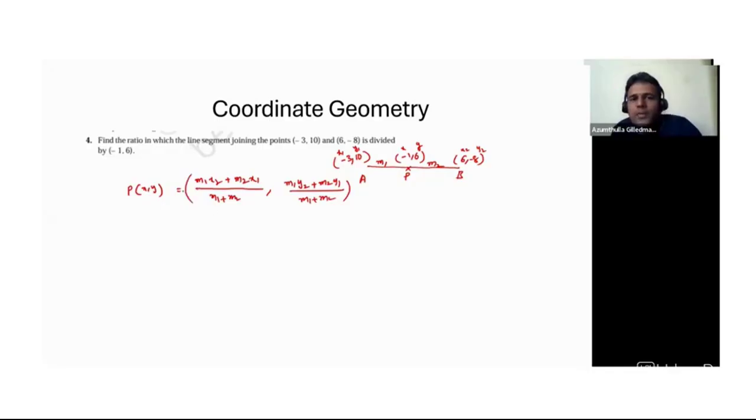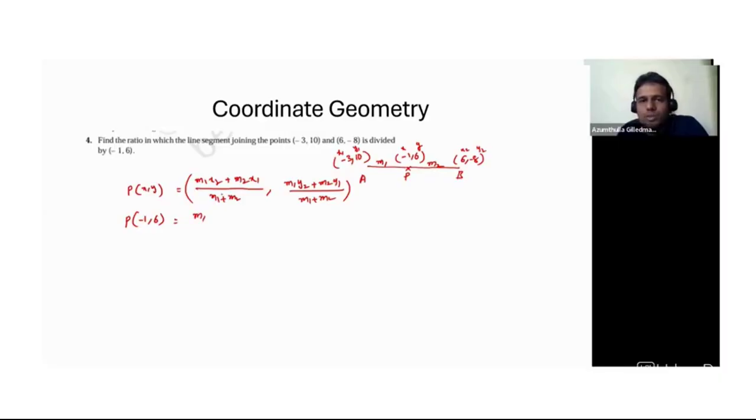So here we don't know m1 and m2. So let's keep m1, m2 as is and then substitute the other points, right? So here, can I say x equal to this and y equal to that, and then I can find, right? So let's say what is P? P of x comma y (-1, 6) equal to, let's substitute the values. What is m1? We don't know. So let's keep m1 as is.